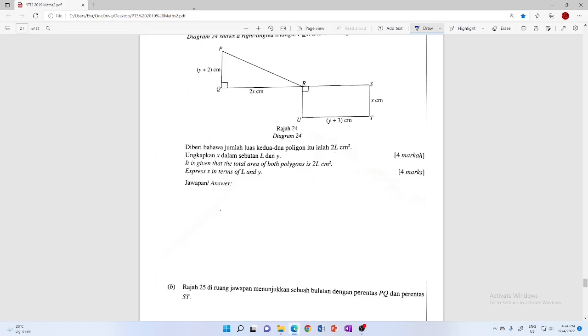Area of a triangle is 1/2 times the height. Height is y plus 2, times the width is 2x, plus the area of a rectangle, which is the length times width. So it's x multiply y plus 3. That's equal to 2L.